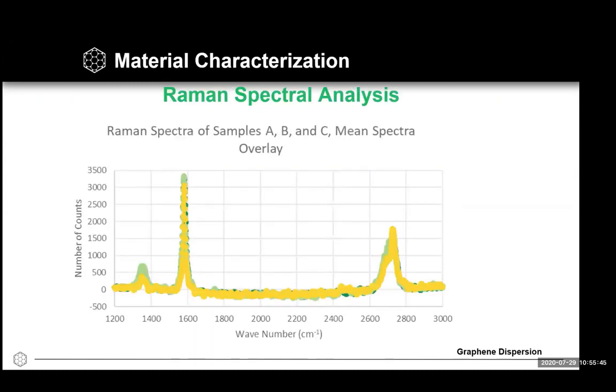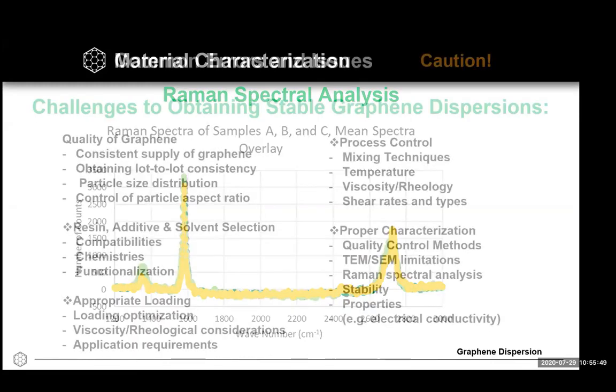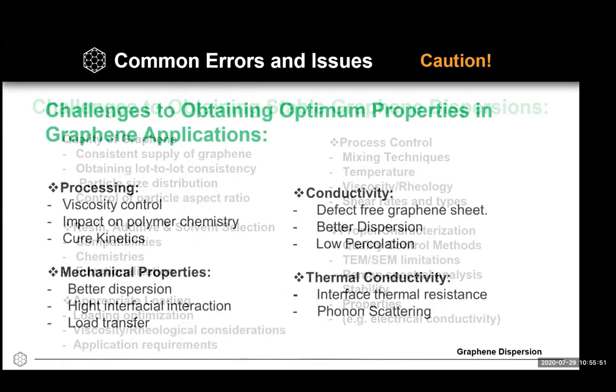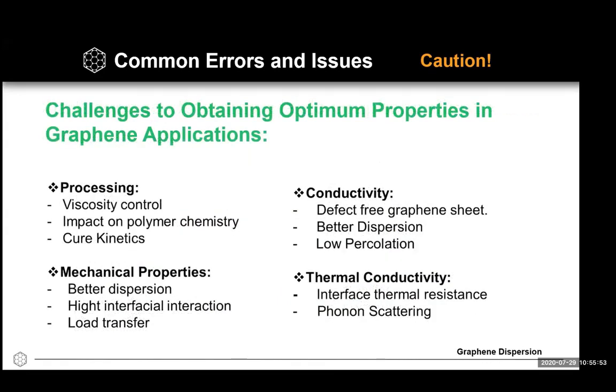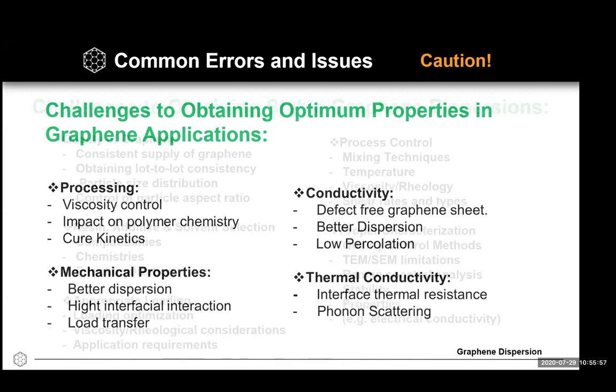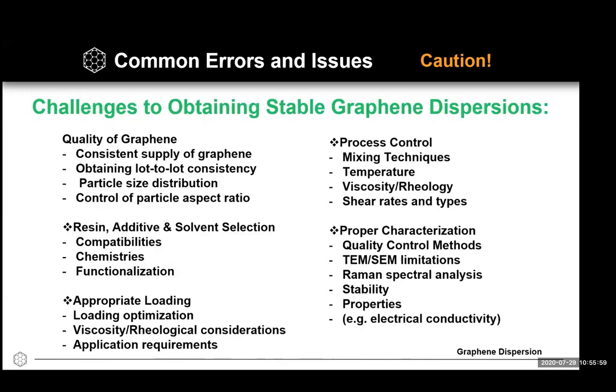We are talking about the appropriate loading. I'm going to talk about it in a later slide, where appropriate loading is very important for the properties. And then viscosity and the rheology also are important in that matter.